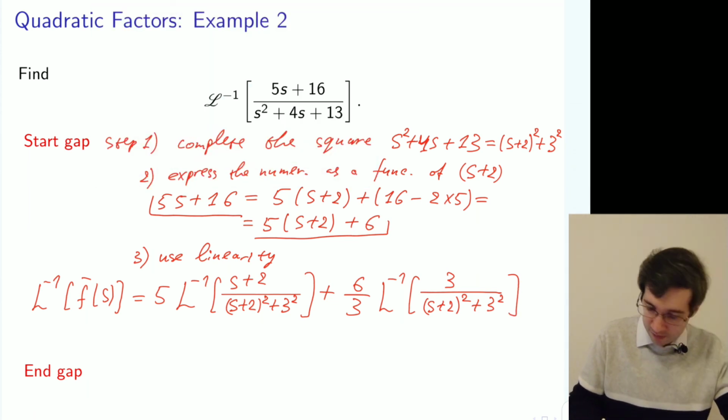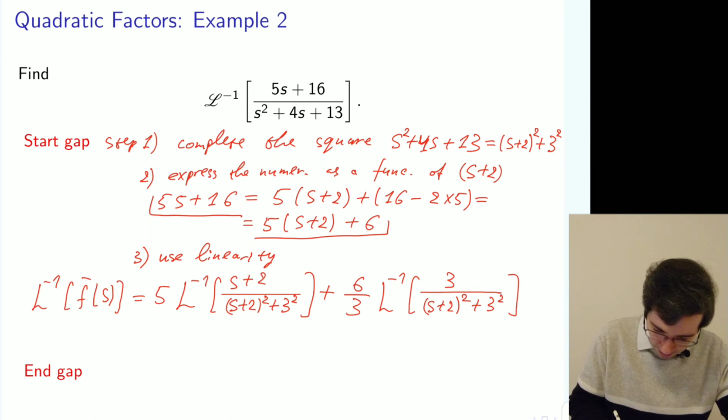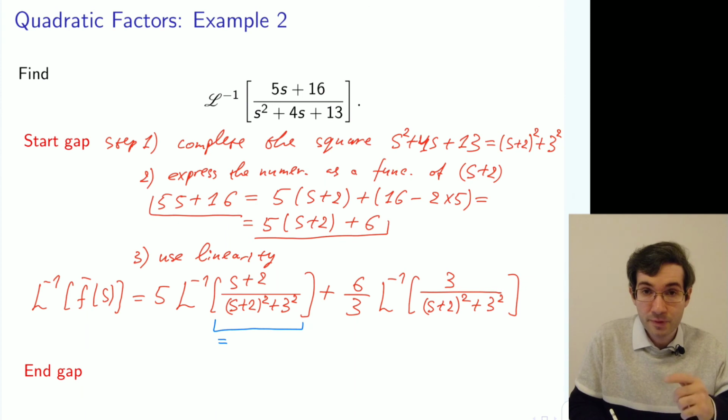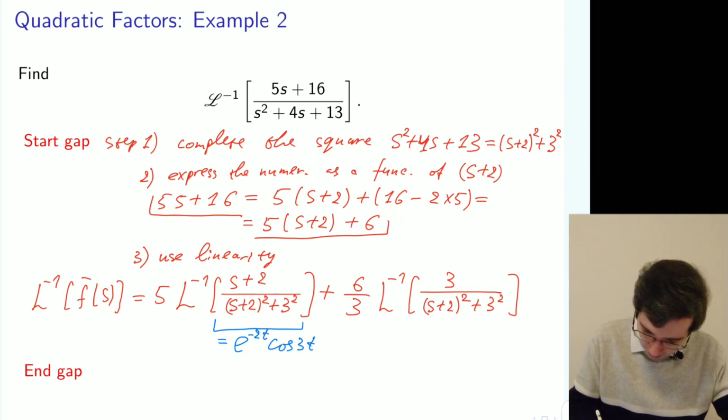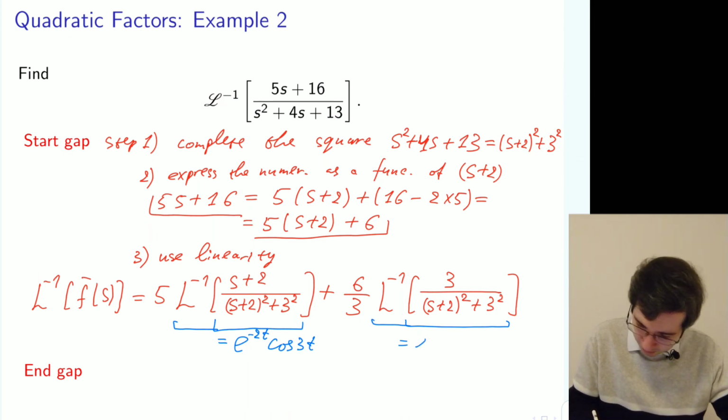And if you look closely, you'll recognize that this is a table function, so it's the Laplace transform of the function e to the minus 2t times cosine 3t, while this one will produce the same exponential, but with a sine 3t.